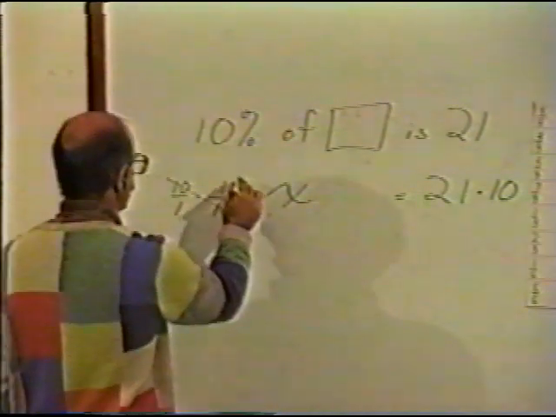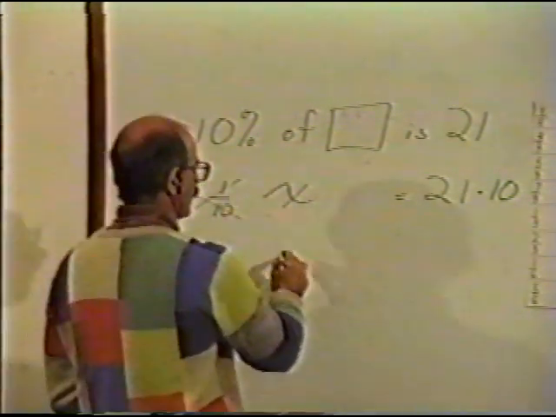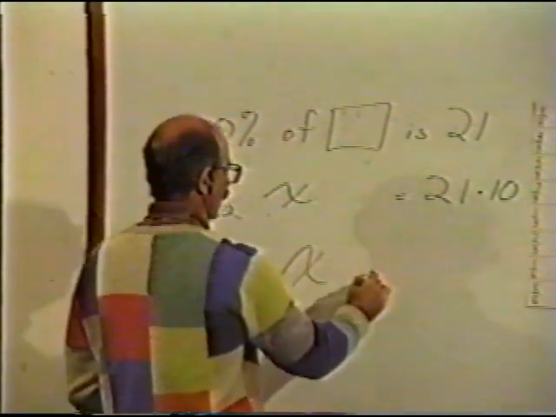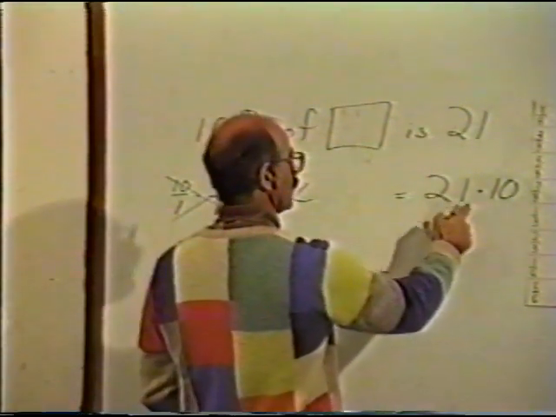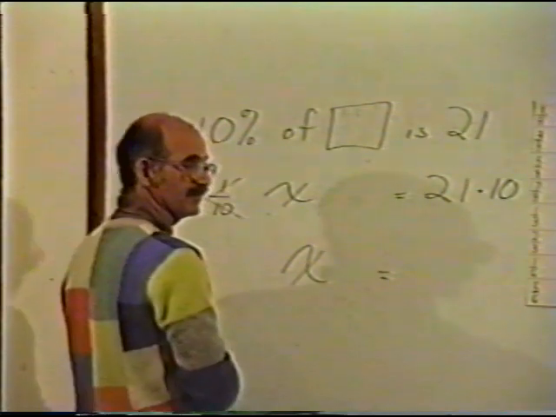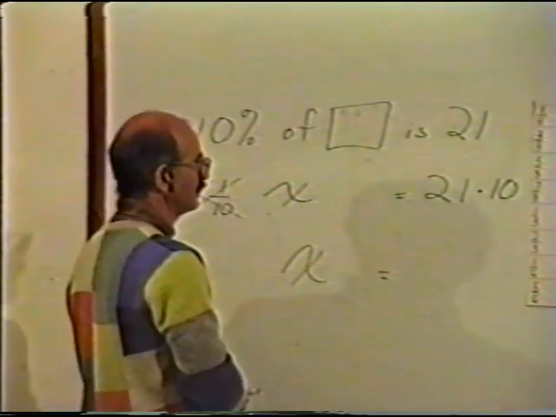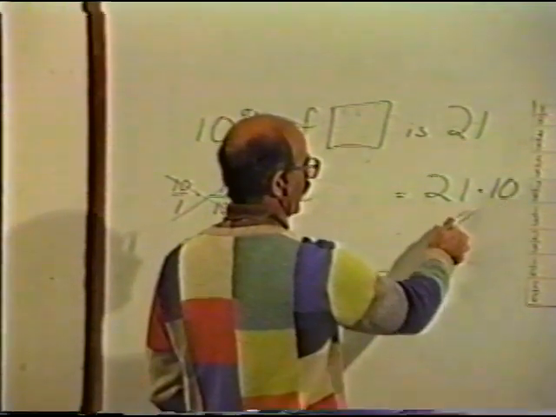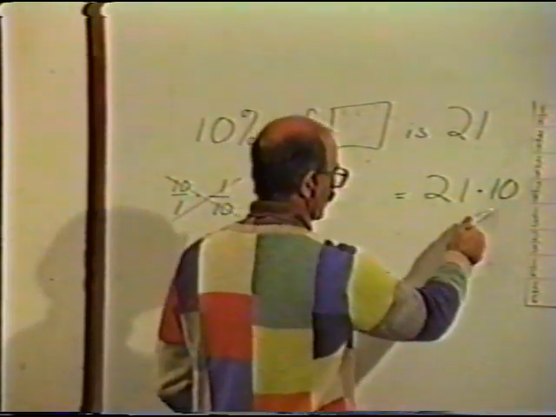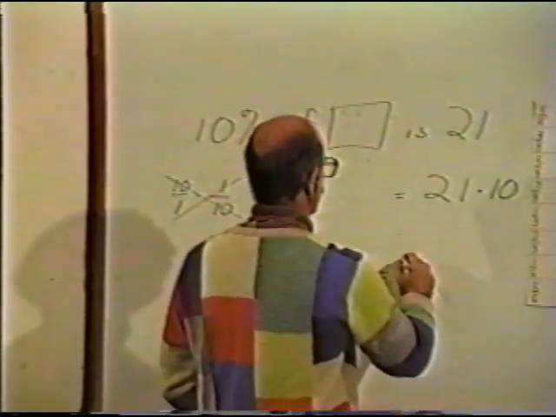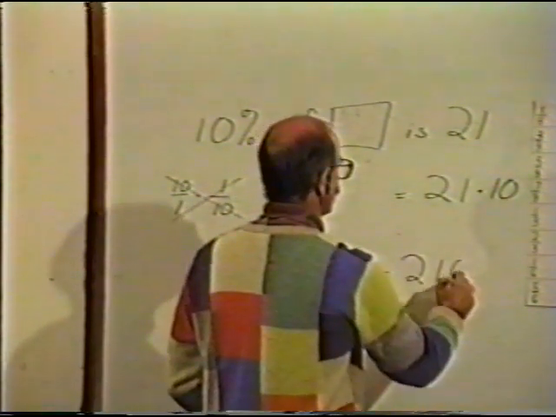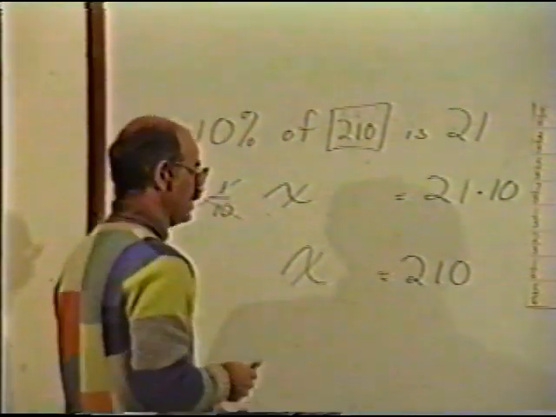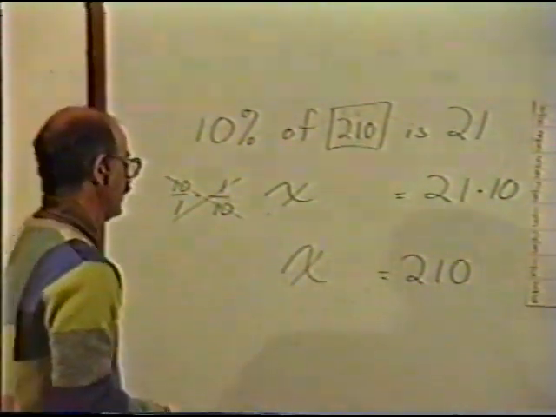These cancel out, leaving us on this side just plain X. And what is 21 times 10? 210. Of course, you just have to add a 0 on the end of the 21 because you're multiplying by 10. 10% of 210 is 21.